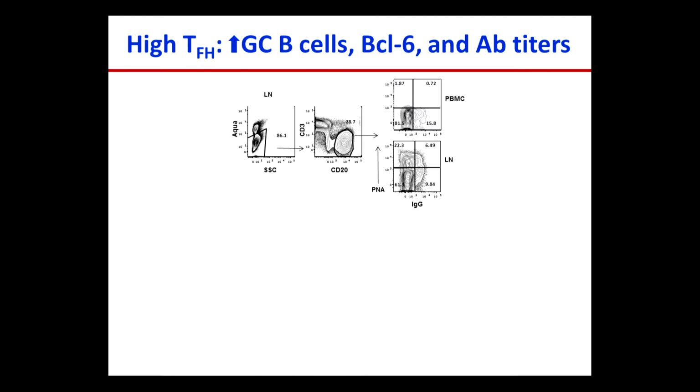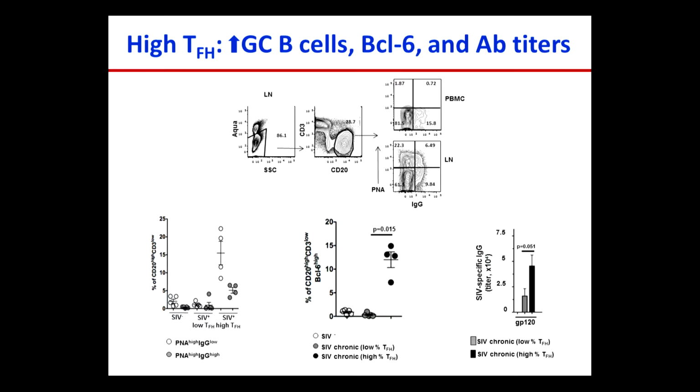And then what you can do is simply ask within lymph nodes of SIV-infected monkeys that have high T follicular helper cells, what you see is that you have a lot more cells that bind peanut agglutinin, so more germinal center B cells. They express higher levels of BCL6, and in the peripheral blood, you find higher levels of antibody. And this just shows GP120 antibody, but you can also see the same for GAG-specific antibody. So this process is driving more antibody production.